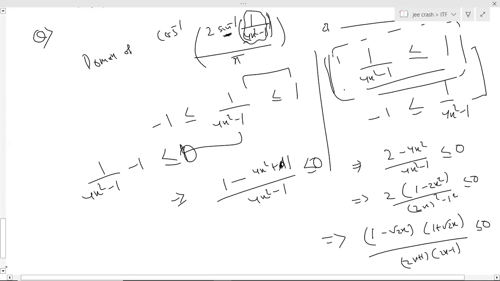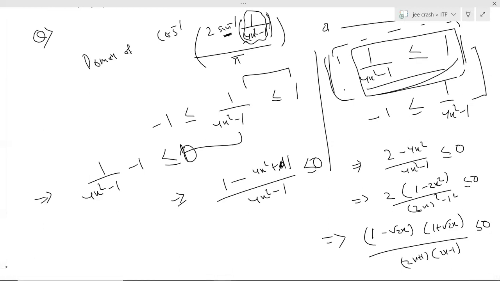So this is less than or equal to minus 1, right? No. Less than or equal to 1. Right. I started from the first equation. 1 I shifted to this side. Okay, sir. Good. Got it. Everyone clear about this?